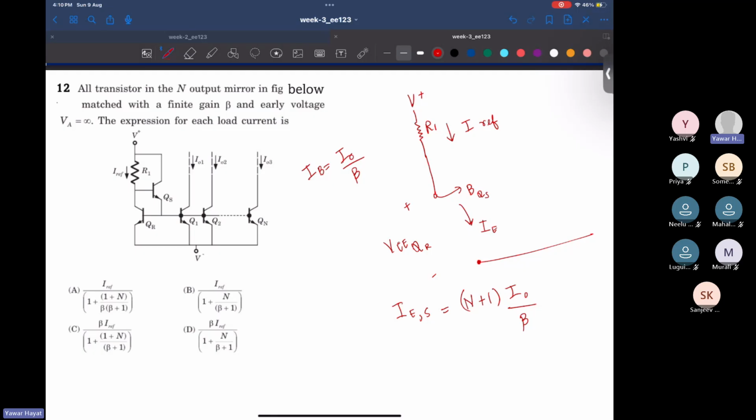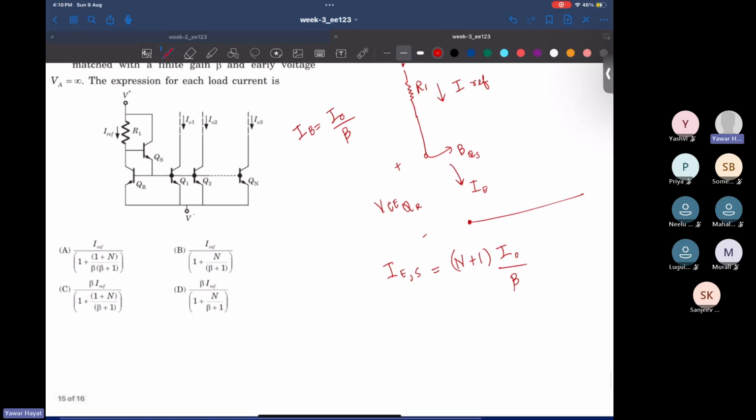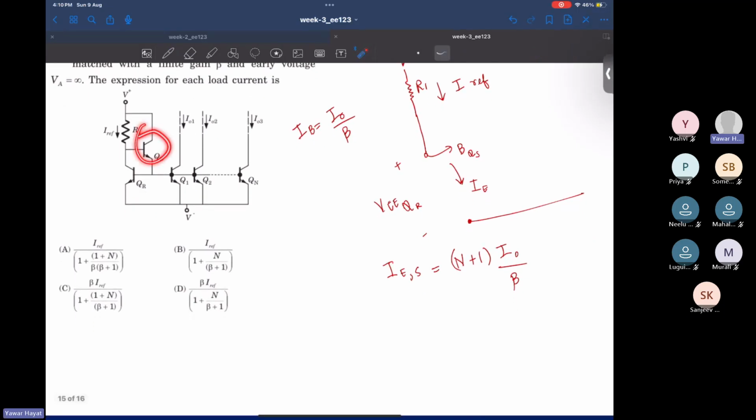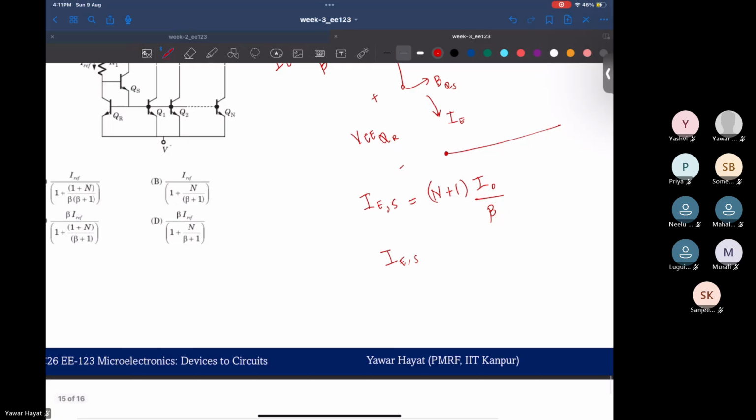So for this source transistor, this is the source transistor QS. For the source transistor, this IE, any issue? Okay, brilliant.